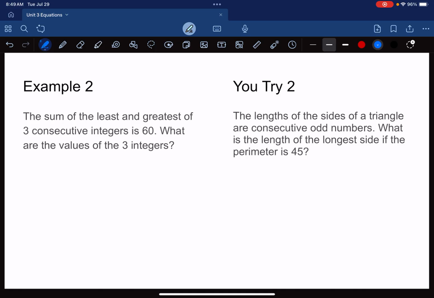The sum of the least and the greatest of 3 consecutive integers. Well, let's write them down. I'm going to use n, n plus 1, and n plus 2. I'm going to sum the least and the greatest is 60. So the least would be n, and the greatest would be n plus 2 is 60.